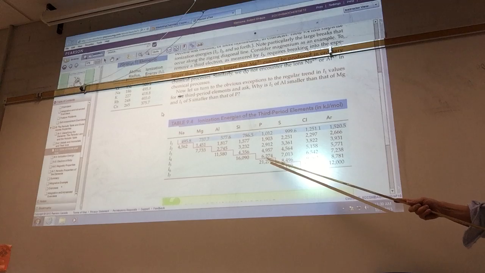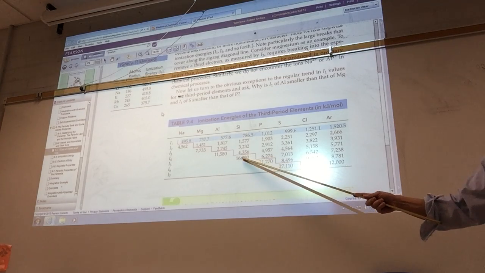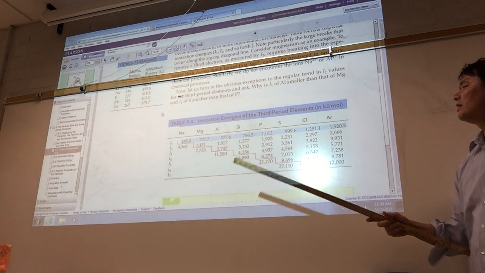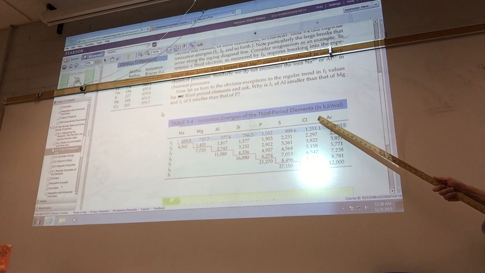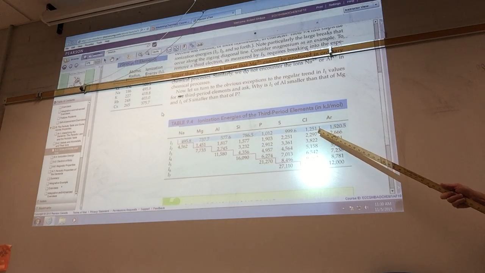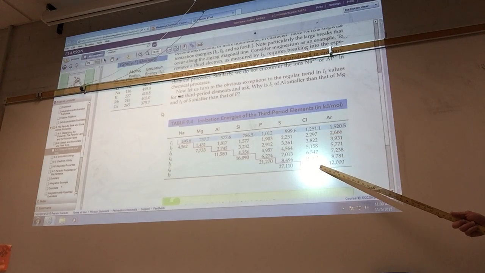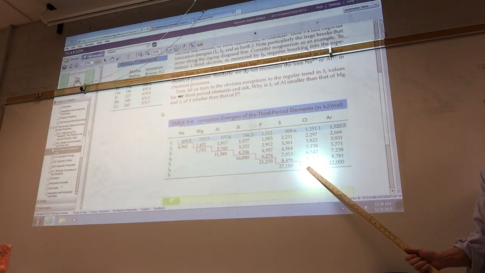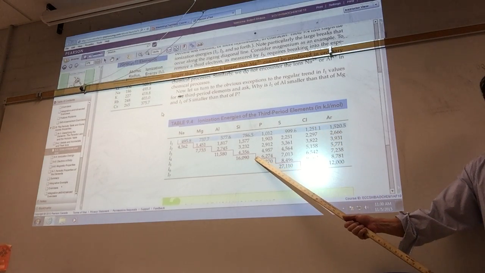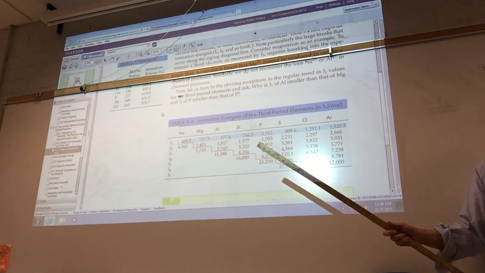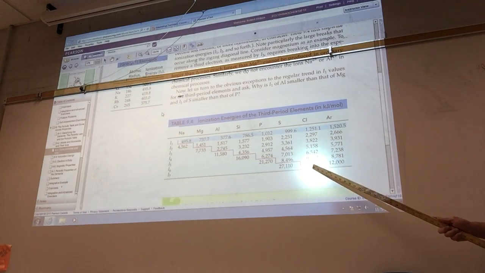The core electrons, take a look at how much energy it costs to ionize a core versus a valence electron. And so if we look at valence, chlorine plus 1, chlorine plus 2, plus 3, plus 4, plus 5, plus 6, plus 7. We'd have to add all these up. And still, chlorine in the plus 7 oxidation state isn't like removing a core. But it's a tremendous amount of energy here.